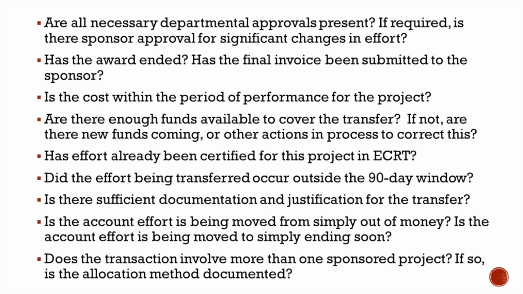Or, if the account you're moving the effort from is in deficit, or the receiving account is ending soon and has a high balance, and there's not justification present to document why the change actually belongs on the receiving account, the PPDA may be delayed until the necessary justification can be obtained. It's definitely against the rules to transfer costs that didn't directly benefit a project just to use up remaining funds, or to use funds from another grant to cover a deficit. We have to avoid even the appearance of doing that because an auditor will absolutely flag it and disallow it.